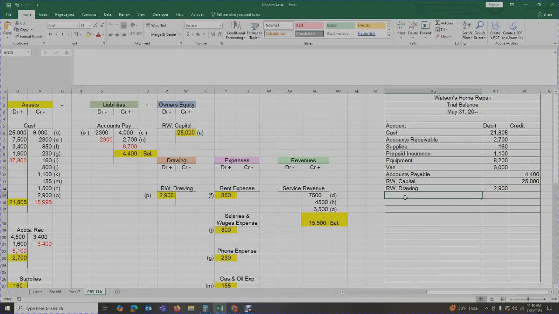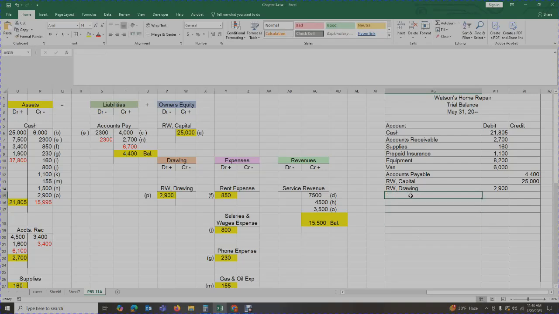Then we have our expenses. We have rent expense. We have salaries and wages expense. We have phone expense. We have gas and oil expense. Okay. You know what? The expenses should be at the very end.